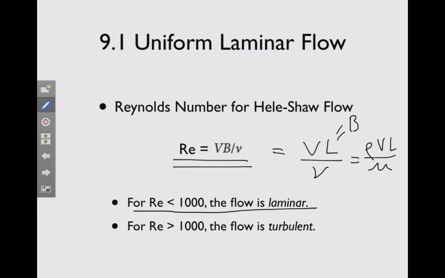When we get over that value, remember the Reynolds number is basically the kinetic forces over the viscous forces. So when we get over a value of 1,000, the kinetic energy is dominating over the viscous. As long as the viscous forces are large, we're going to remain in the laminar flow regime.